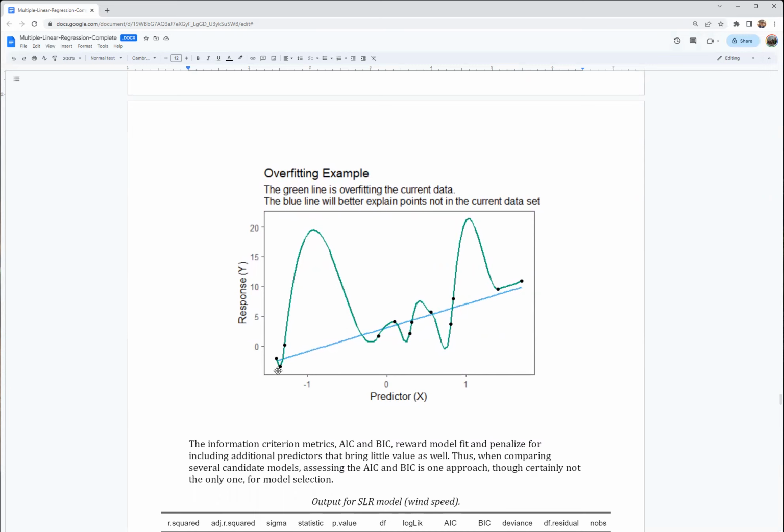So we looked at how you could include an X squared term, which allows you to get a curve for your model fit. This is an example of including an X cubed, X to the 4th power, X to the 5th power. You could include a ton of powers of X. So you have many, many predictors included in your model, and you end up with this really wiggly function for your predictions in green.